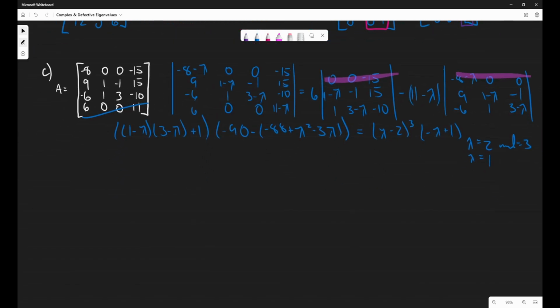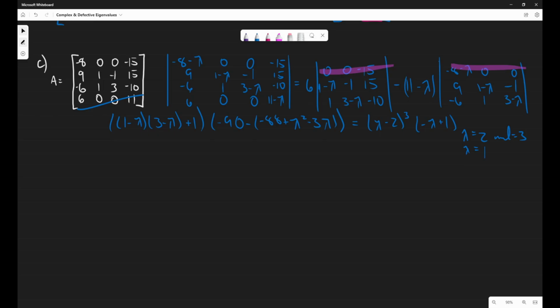So now again, just put in our matrix back and then find our Jordan block. For the lambda equals 1 case, we know that that's going to have a multiplicity of 1.